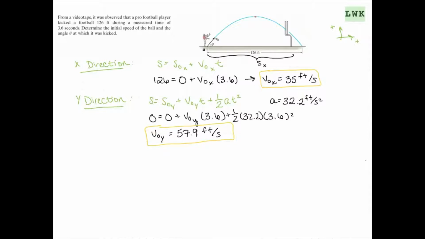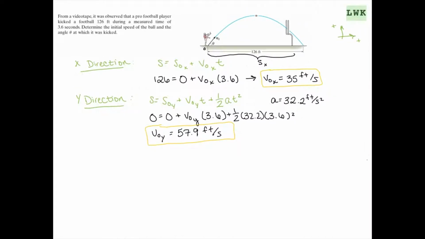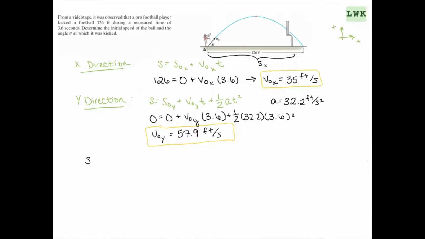And the problem is asking us for the speed. And we know speed is the magnitude of the velocity. So what we're going to do is take the square root of the sum of the squares of the velocity components.